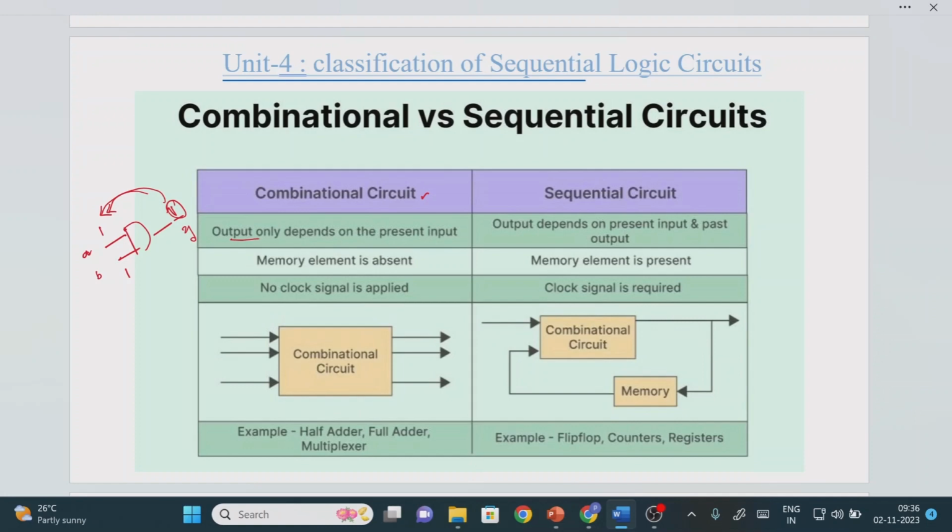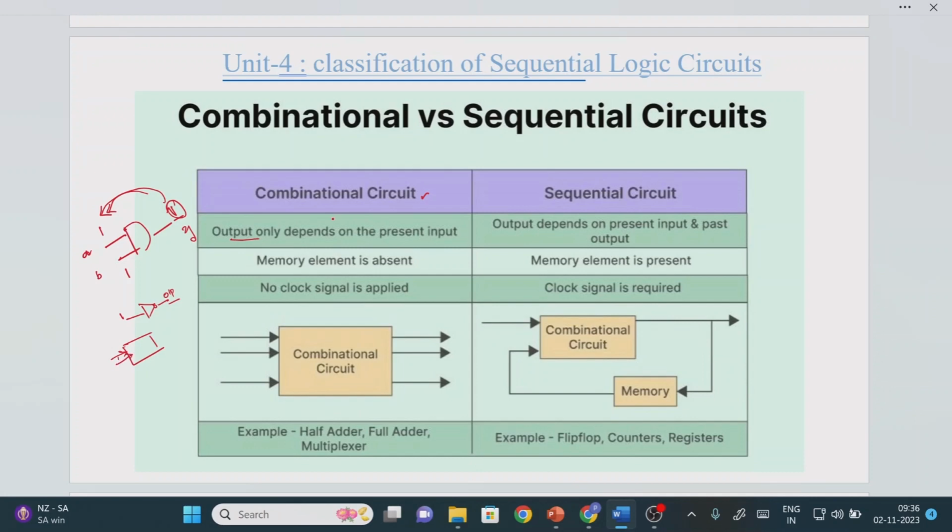The second point is that the memory element is absent and no clock signal is applied. We will see what this means. Next, the block diagram representation of the combinational logic circuit. If we consider a NOT gate operation, we have one input and one output. A combinational logic circuit may have a single input, or in the case of a half adder, full adder or some other logic circuit, multiple inputs.